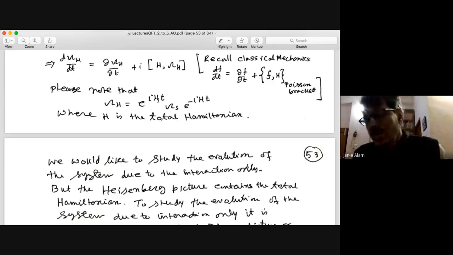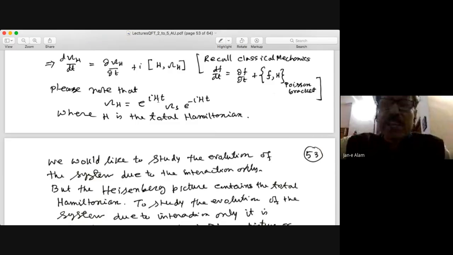So then what we need is a picture where the states, with the free Hamiltonian, come from the remote past as a free particle, as an eigenstate of H naught, because it is a free particle, then interact, and then are again detected as a free particle, as an eigenstate of H naught.